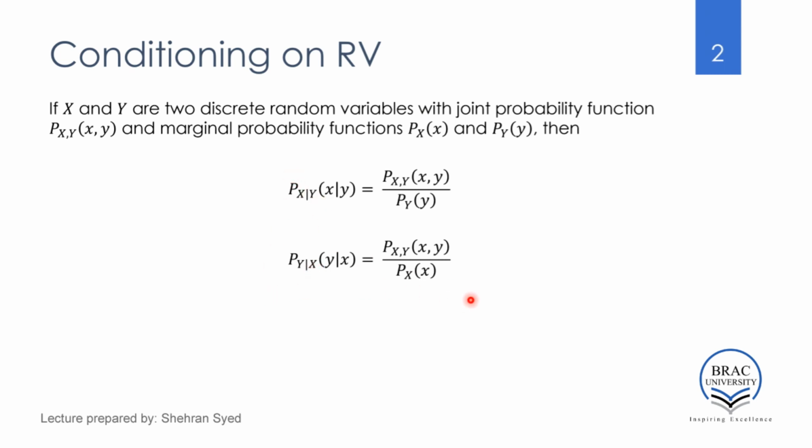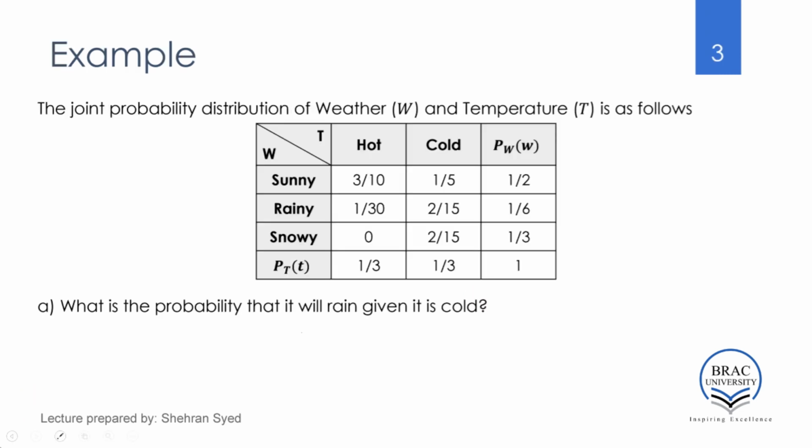This is exactly the same thing we learned for the case of regular variables in our probability lectures, and now we have expanded that definition for random variables. Let's now look at an example of conditioning on random variables. So here we have the same joint probability distribution as the previous lecture, being the joint probability distribution of weather and temperature.